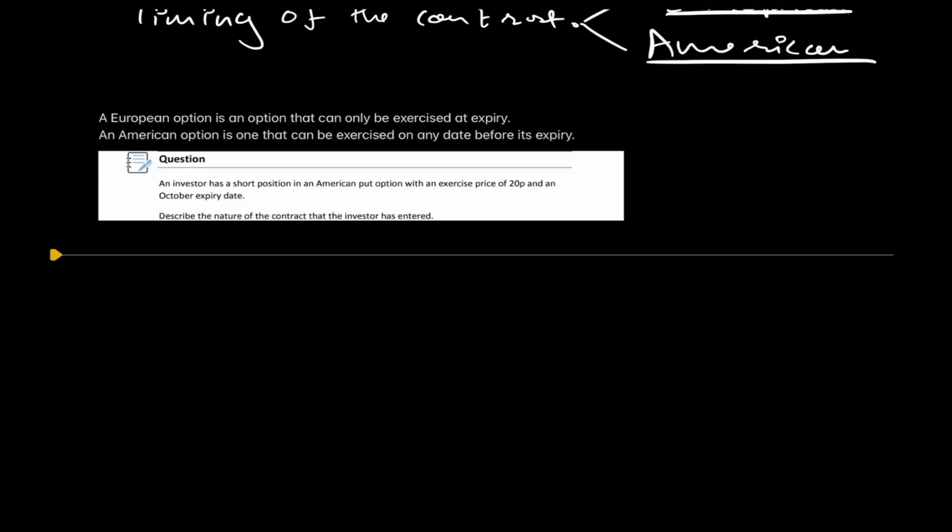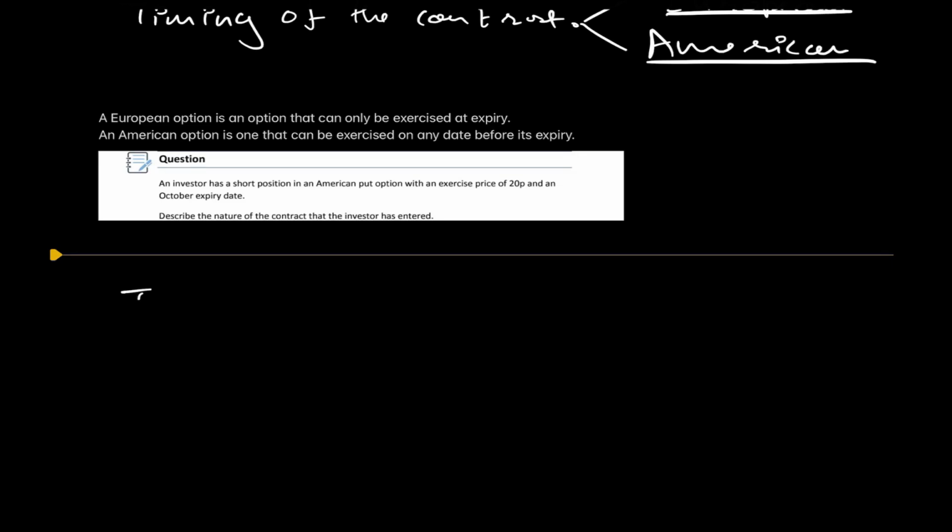So they have a short position on an American put option. A long position on an American put option would have been a right to sell, right? So a short position on an American put option, or simply put, a put option, is an obligation to buy.